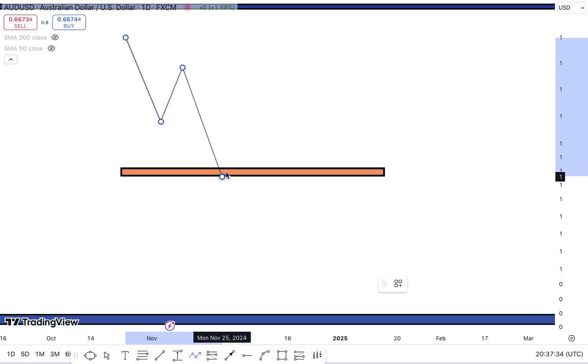what you now do is look out for, so there's something called drop base rally, and drop base drop, and rally base rally. So this thing here is practically a drop base rally. Okay, so what you have here is the market came right into the demand level, then just kind of flirted with the level a bit, then gave us a candlestick that was bigger than the previous candlesticks.